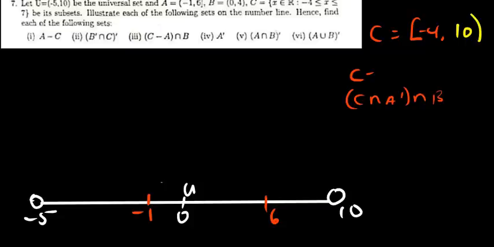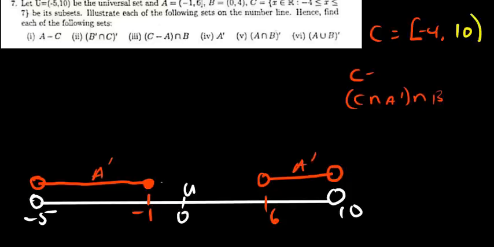Since negative 1 is not included, the complement will be included. It will go there, so I follow the universal there. Here 6 is included, so the complement is not going to be included. That is A complement. What I have written here answers this question.